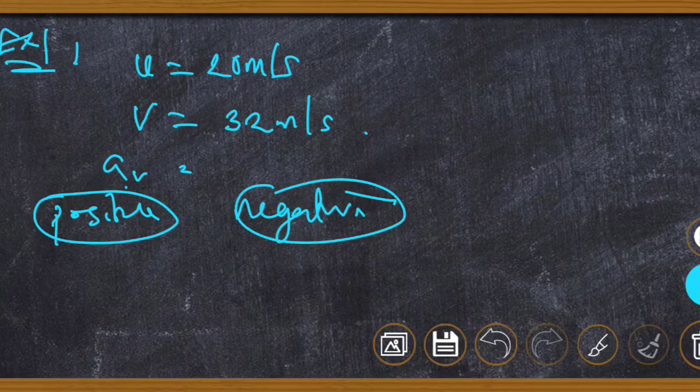Here u represents initial velocity or initial speed, and v represents final speed. When the initial speed is less than the final speed, then we have a positive acceleration, which is our average acceleration. But when the initial speed is greater than the final speed, we have a negative acceleration, which is otherwise known as retardation.